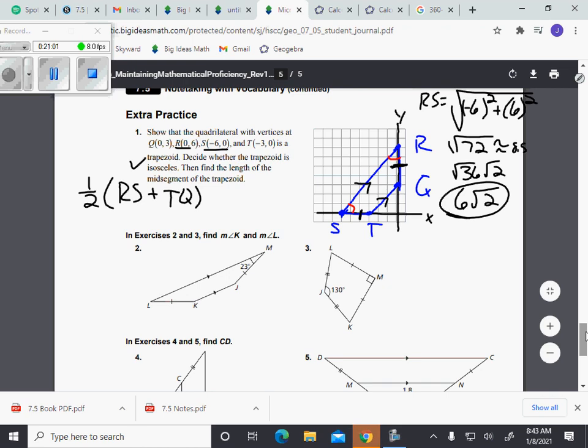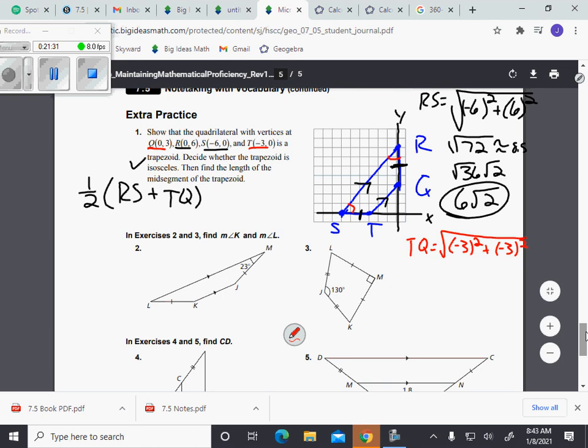Now we need to find TQ. So T and Q. So we're going to have TQ equals this big long square root of 0 minus 3, which is negative 3 squared, plus negative 3 minus 0, which is negative 3, squared.